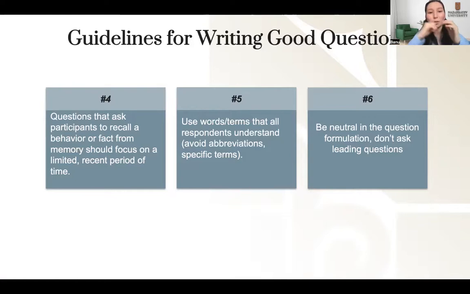Try to avoid abbreviations, specific terms, or jargon. The next is be neutral in the question formulation. Don't ask leading questions. Survey research needs to be as neutral as possible, with no biases, in order to get true data without pushing the respondent in one direction or another.